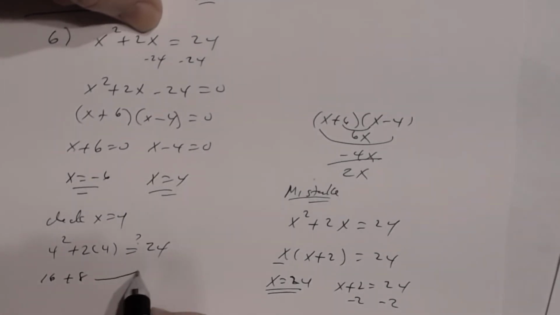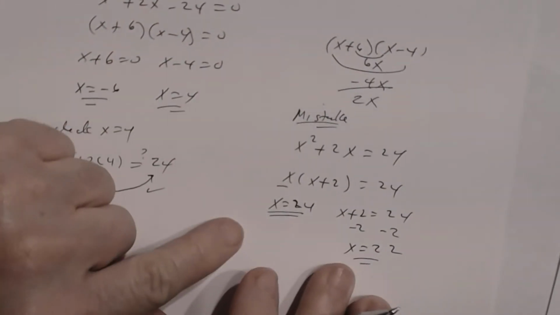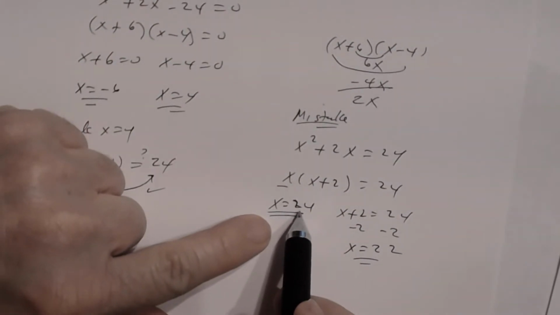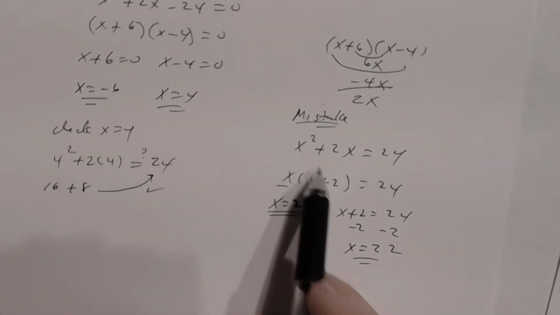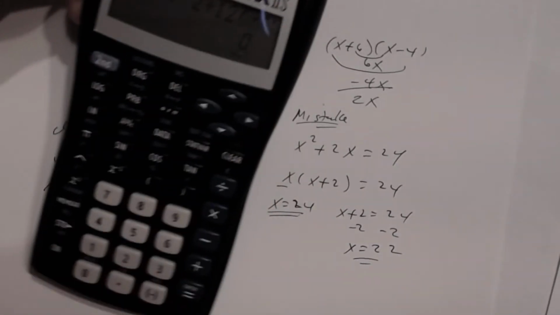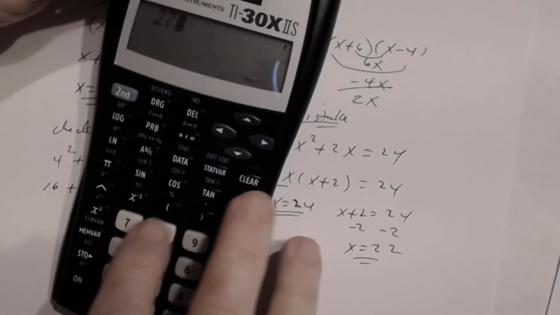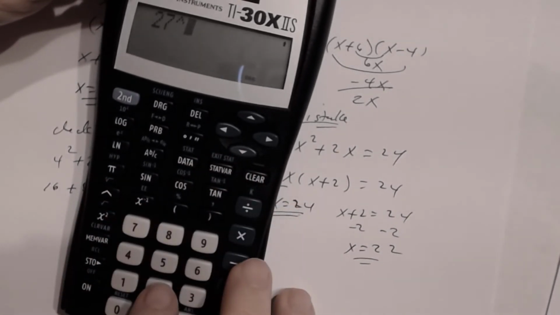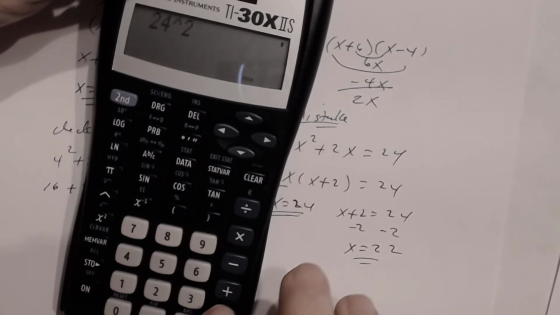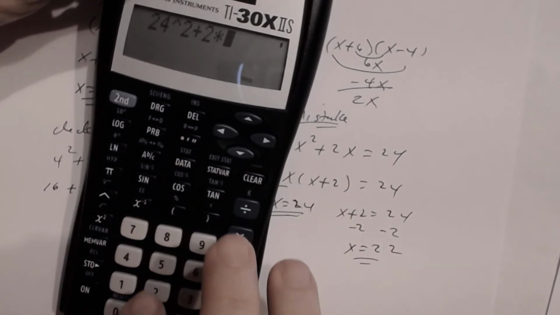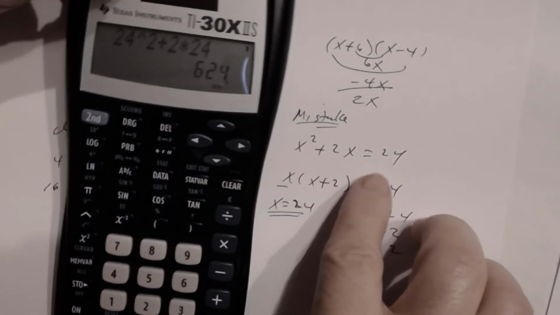And is 16 plus 8 equal to 24? Yes. But if I do this one, I want you to notice something. If you use your calculator, 24 squared plus 2 times 24 is not equal to 24.